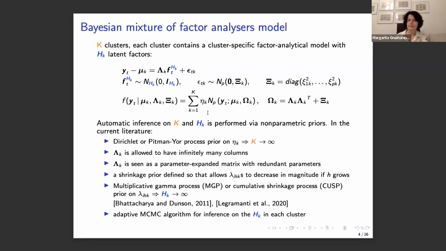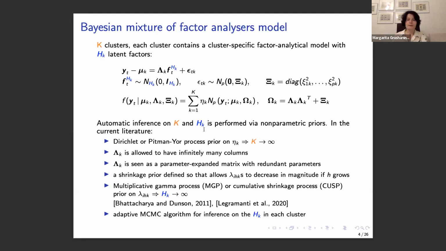A similar idea is employed for the factor models to derive the number of factors. It is assumed that lambda, the loading matrix, has infinitely many columns, and a shrinkage prior is assigned to the elements of these columns, such that the elements decrease in magnitude as the column index grows.